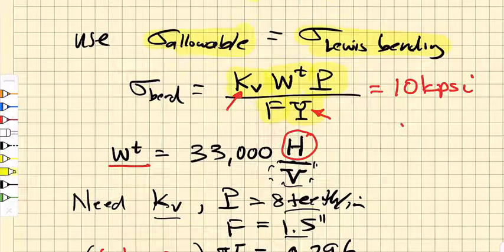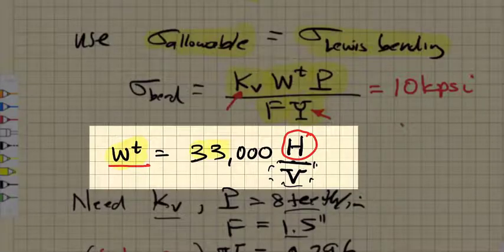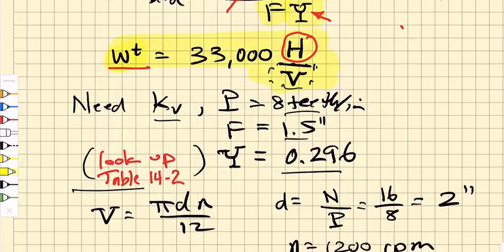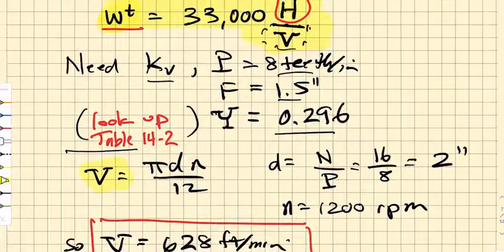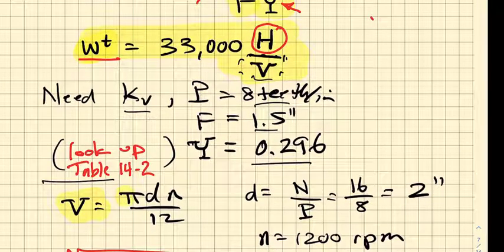But we will relate the tangential load directly to the horsepower using the equation that we presented in a previous lecture. In order to get that velocity correction factor, we need to know the speed at the pitch line using the relation pi d n over 12.